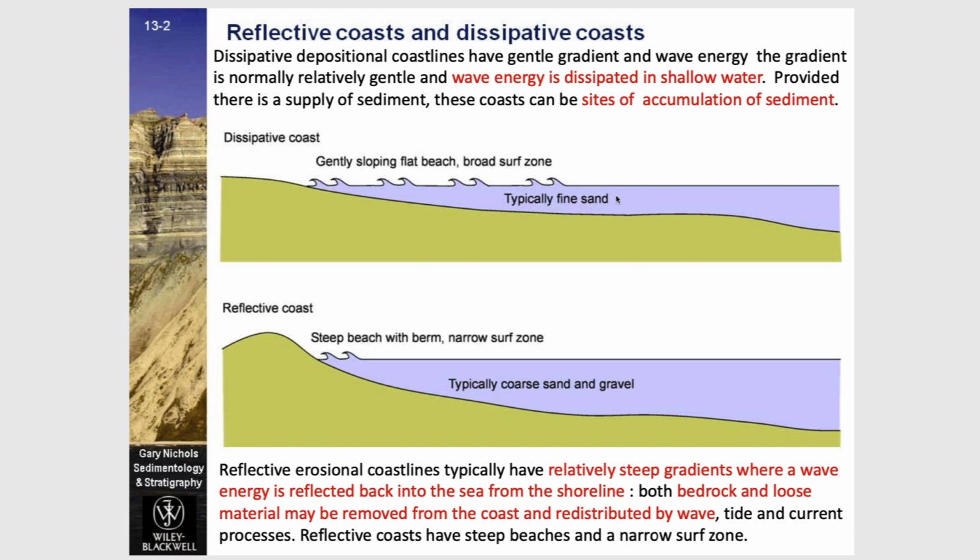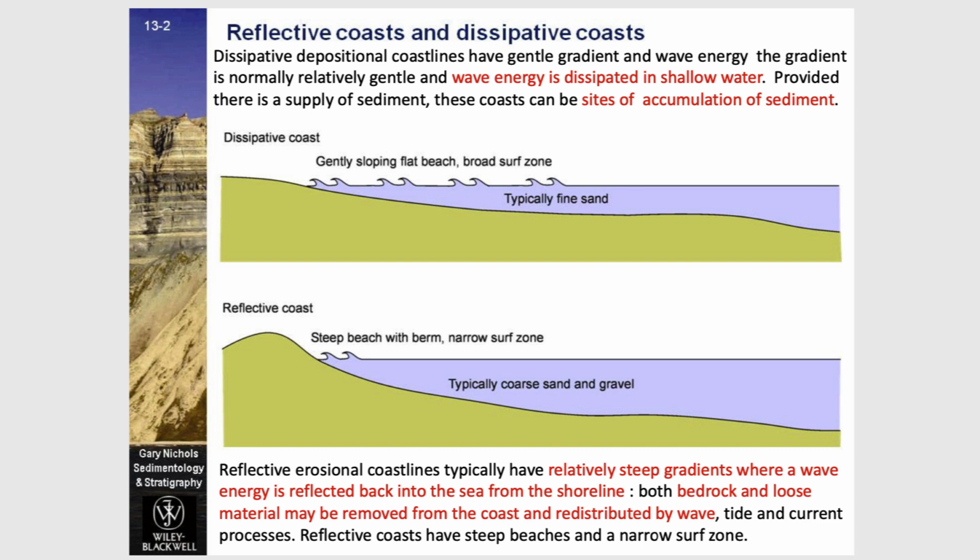relatively large area. Instead, when we have a reflective coast, which is a coast that usually has a sharp cliff or relatively steep slopes, so you get really deep very rapidly, you tend to have little waves and they tend to be quite concentrated, and so they have a big erosive action on the coastlines, and this results in a range of morphologies.